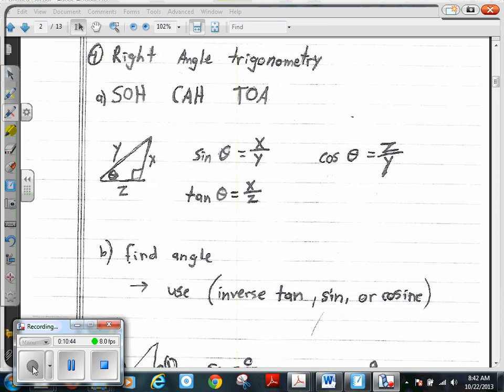And while you're doing that, I also want you to find inverse tangent, sine, or cosine. It'll either be like this as a button, or it might be this as a button, and it's probably a second function, because we're going to use that to go in reverse to find the angle. I'm going to show you examples on how to do all this stuff. But first, check your calculators, make sure you find that.